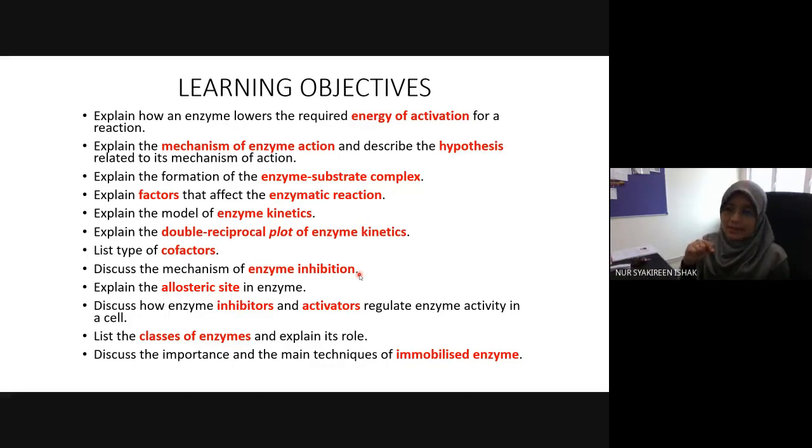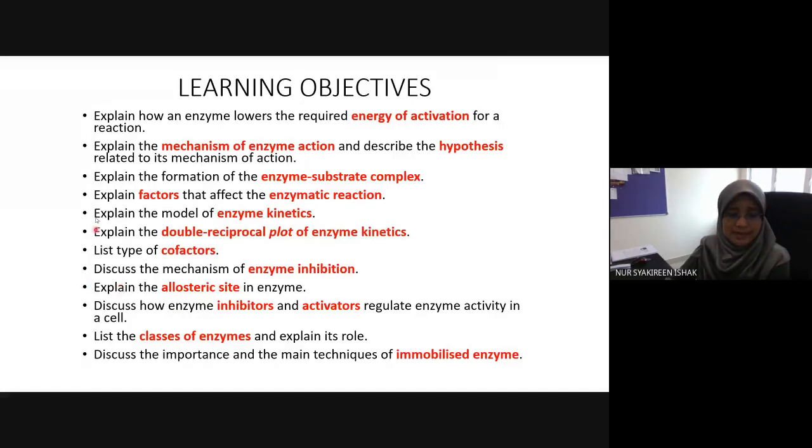For this type of inhibitor, you cannot overcome the effects by increasing the substrate concentration, because the inhibitor will just bind to the allosteric site and cause the shape of the enzyme to change.